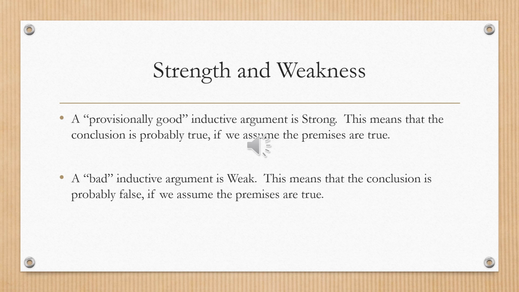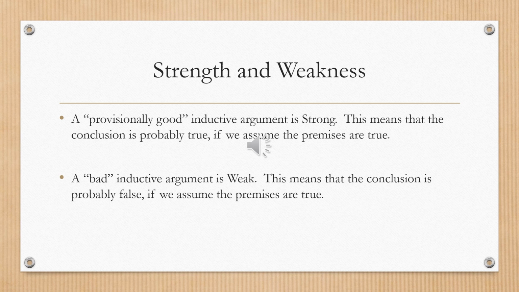We're going to look at strength and weakness as properties of arguments and the relationship of premises to conclusion in an inductive argument. So an inductive argument will be provisionally strong, that is, it passes the first level of evaluation when the conclusion is probably true if we assume the premises are true.